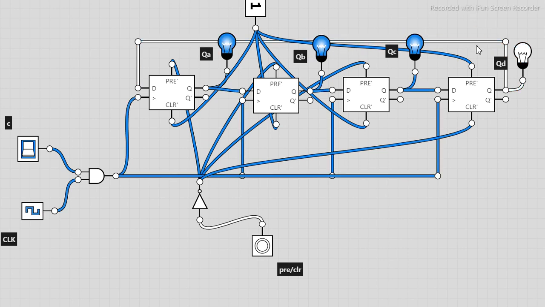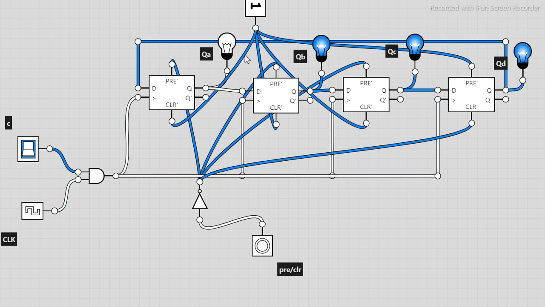It can be continuously repeated. The last output is connected to the first, and it can be shifted to the next. You can see that.